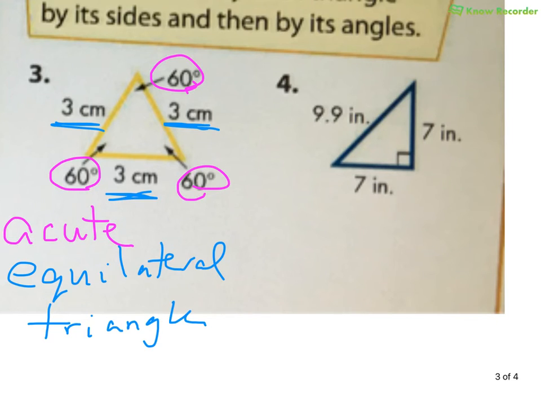And always identify the properties. So, looking over here, my angles. The first thing I notice, I have a 90-degree angle here. If I have a 90-degree angle, that's a right angle. So this is going to be a right triangle. What kind of right triangle? I don't know. Let's find out. I have a 7 on the side, and I have one that's different.